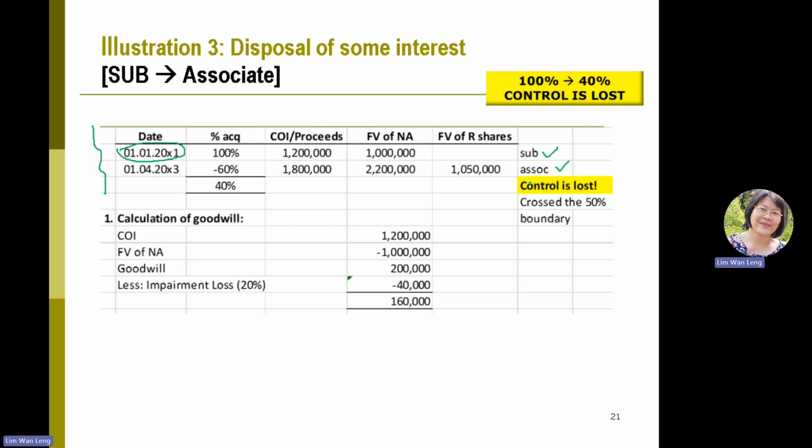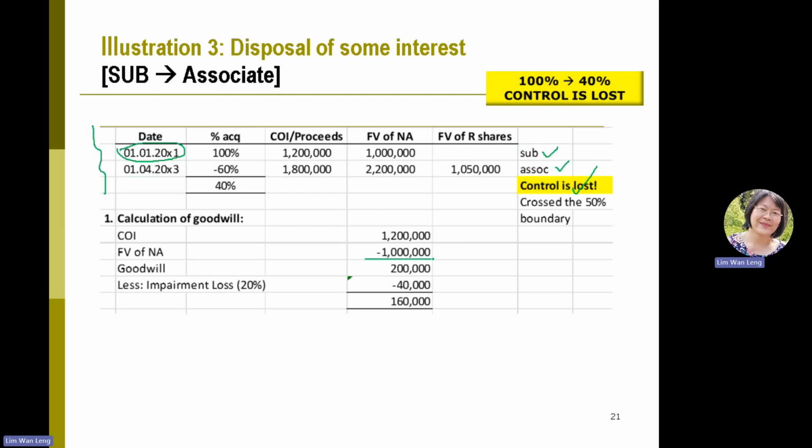Once you see that you do not have control, you have to specifically mention that control is lost. When control is lost, what does it mean? Your goodwill will have to be written off. Then you see again, it crosses the 50% boundary, which means you have to calculate the gain or loss on disposal. This is a simple calculation of the goodwill.